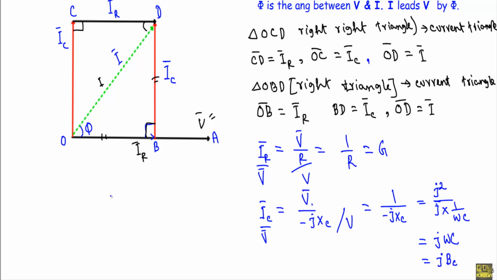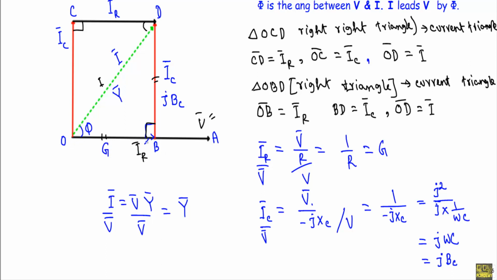And in case of total current, I is equal to VY. If I divide this I by another V, I will get I over V equal to admittance Y. That means this OD will indicate the admittance Y in the admittance diagram. This BD will represent jBC, and this OB will represent conductance G.